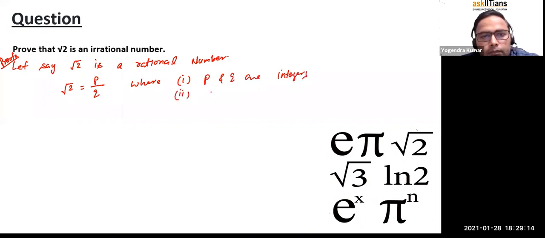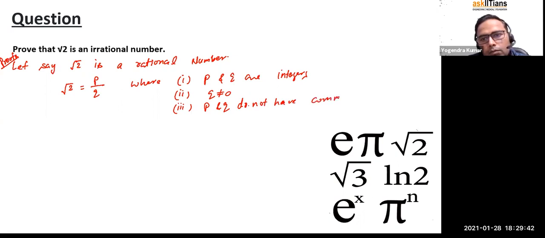Second point, q is not equal to 0. And third point, p and q do not have a common factor.